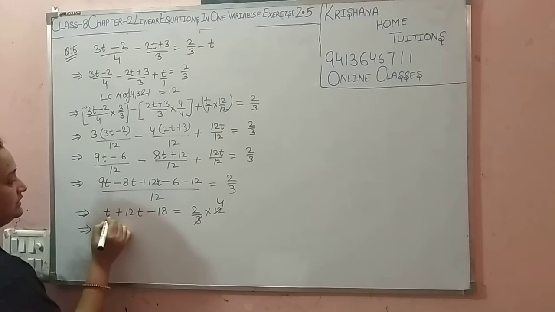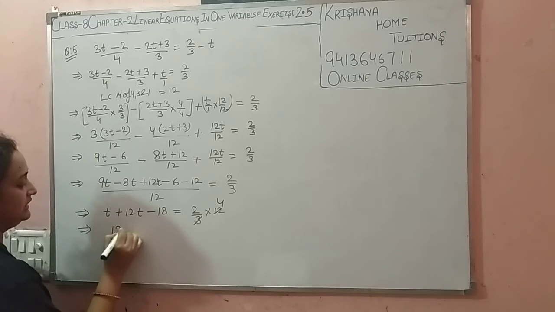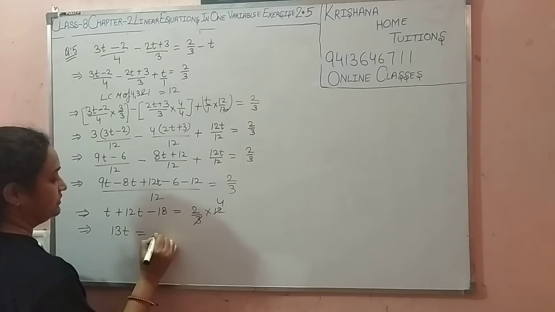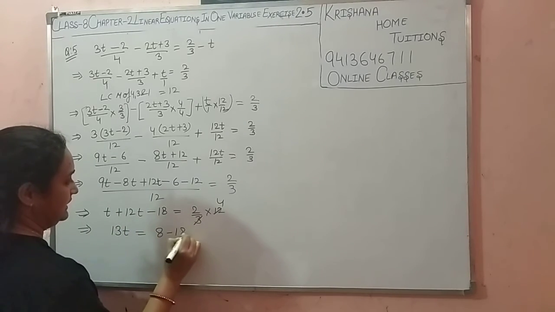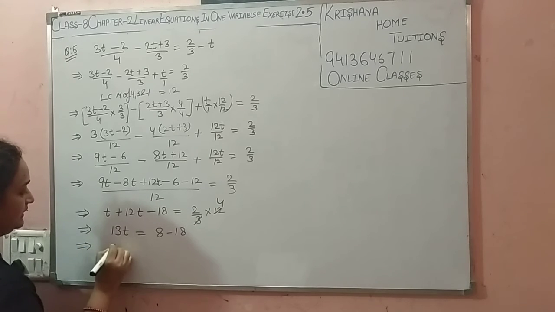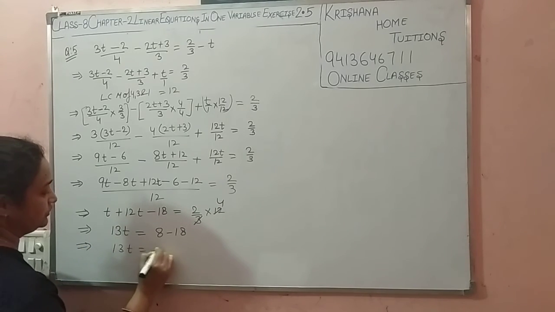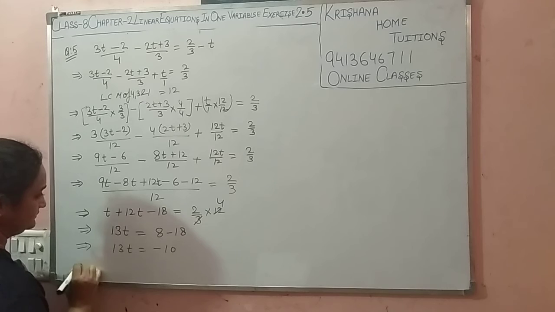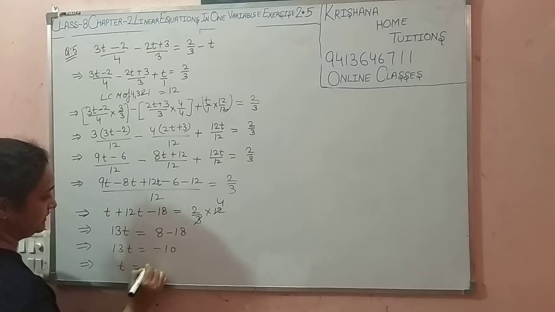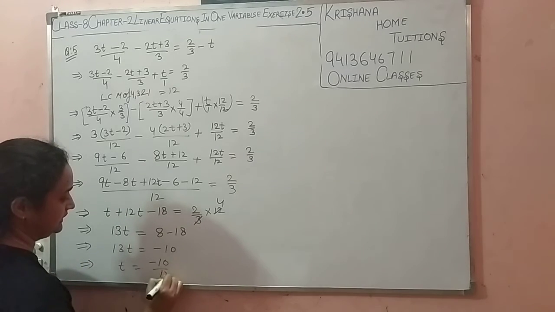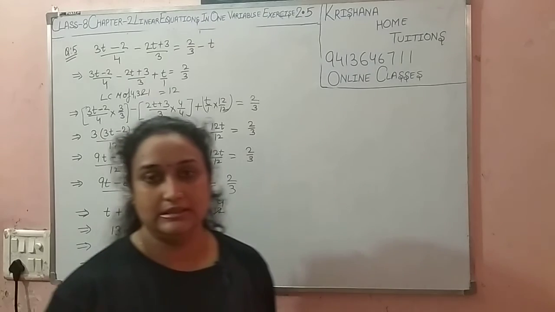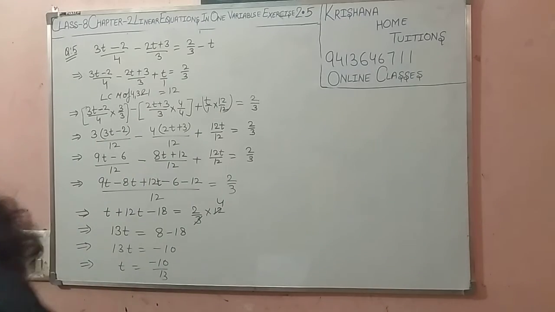So here t plus 12t is equals to 13t is equals to 8 minus 18. 13t is equals to minus 10. t is equals to minus 10 upon 13. The answer is minus 10 upon 13.